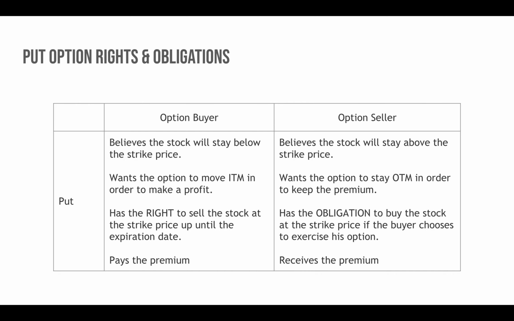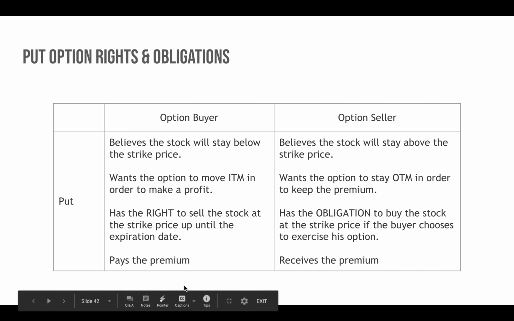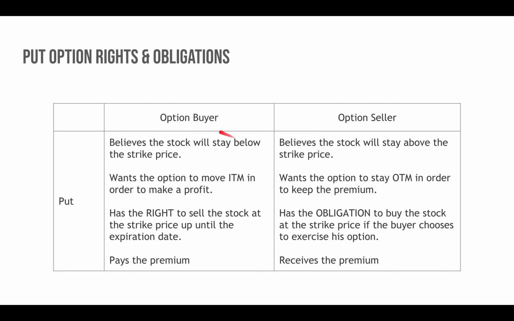Now, I also have a table here that summarizes the differences between the option buyer and the option seller. If you're the option buyer, if you're a put option buyer, you believe the stock will move below the strike price and you want the option to move in the money so that you can make a profit.